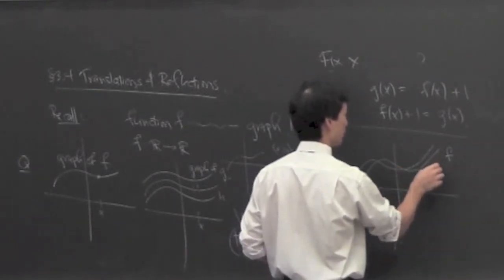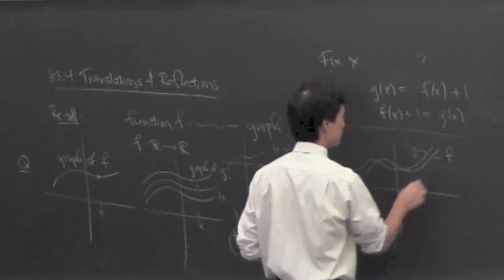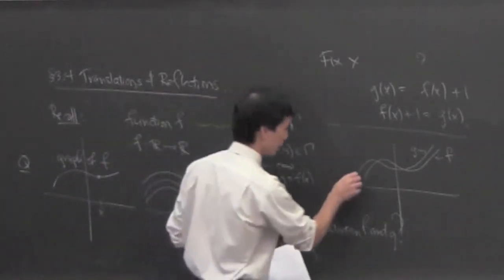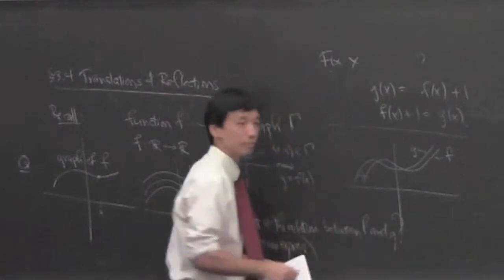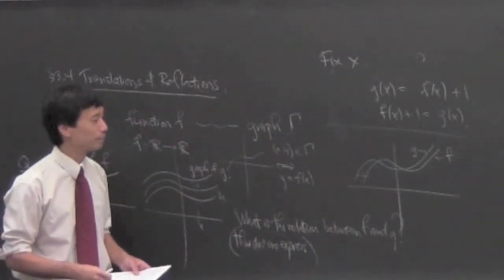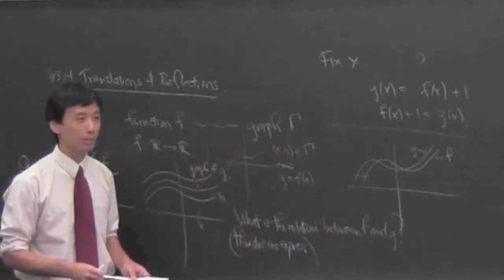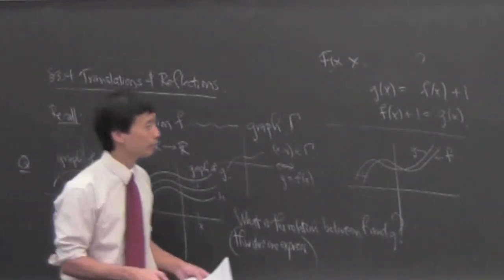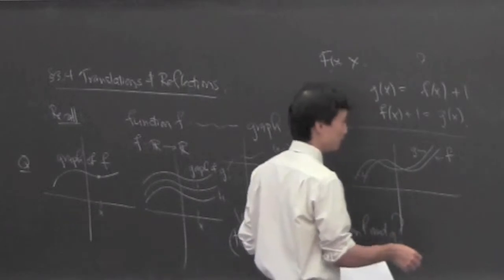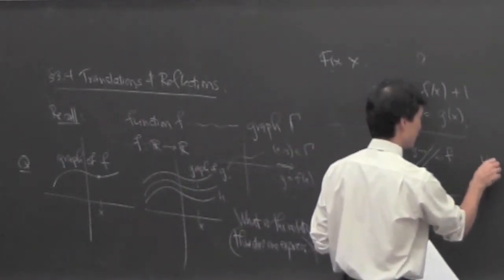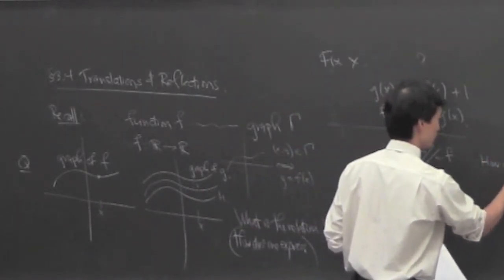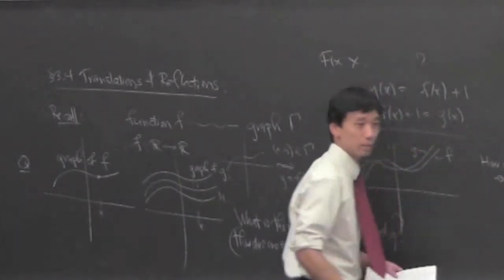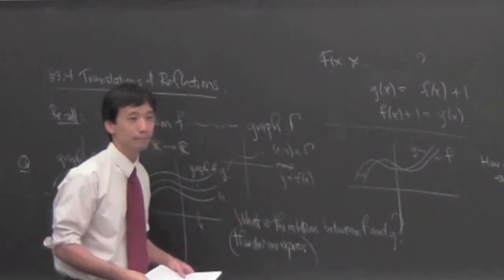So f is this guy, g is this guy. Let's say again that the distance is 1. What's the relation? How do you express this? Okay, 10 seconds and we'll count this.